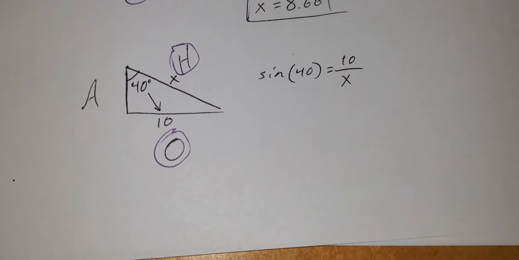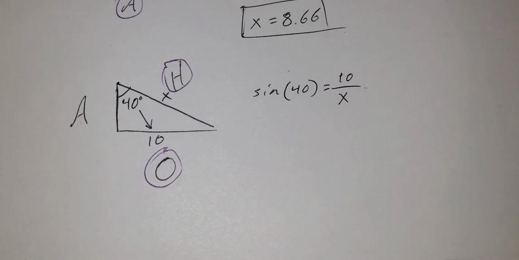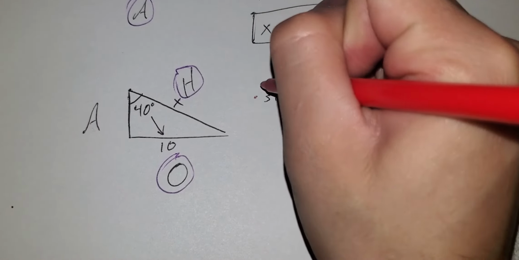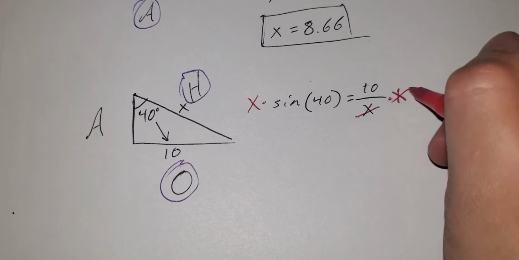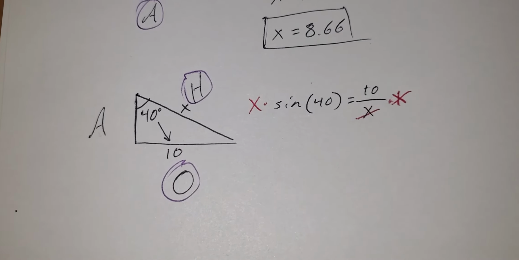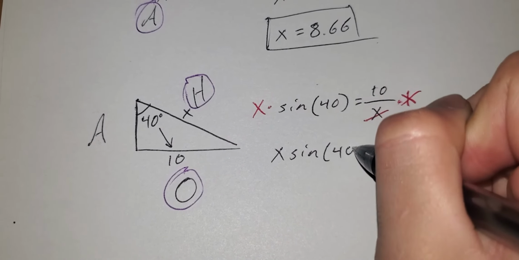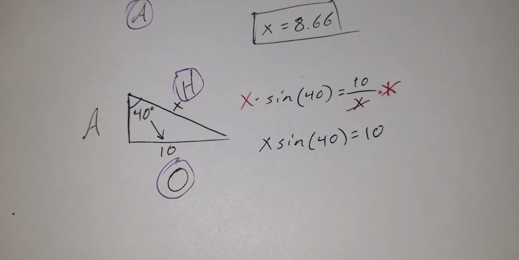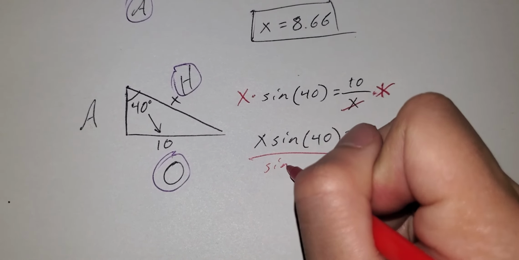We want to put x on top, so let's multiply both sides by x. That way this x and this x cancel out, leaving us with x sine of 40 equals 10. Then we want x by itself, so let's divide both sides by sine of 40.